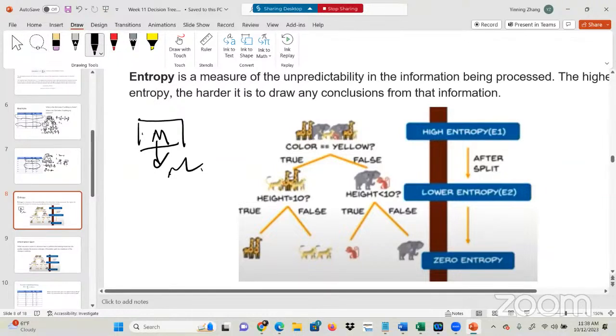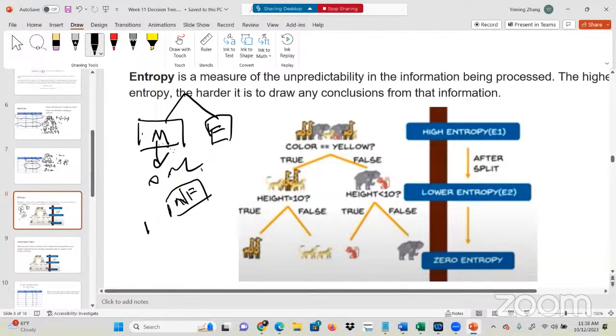If you have a node that divides the data into male and female, and everybody you pull up is male, then the unpredictability is 0. And if it has half male, half female, the unpredictability is the highest, because you're not sure.